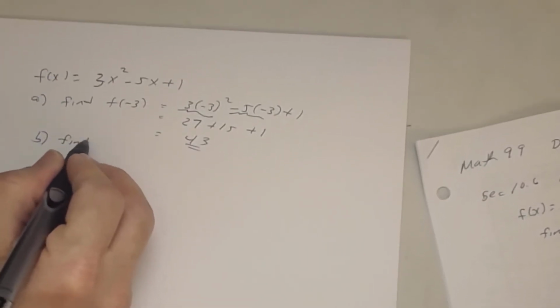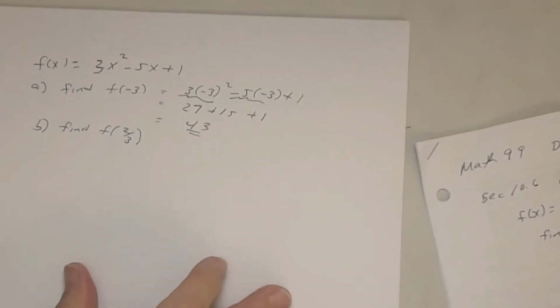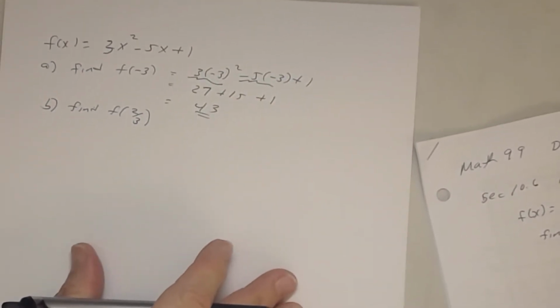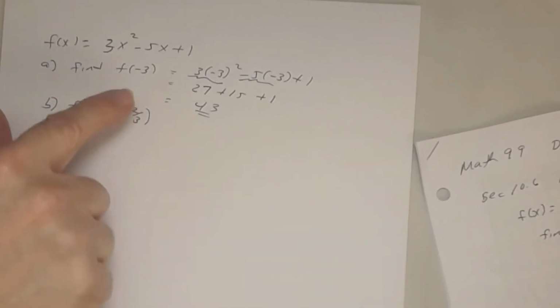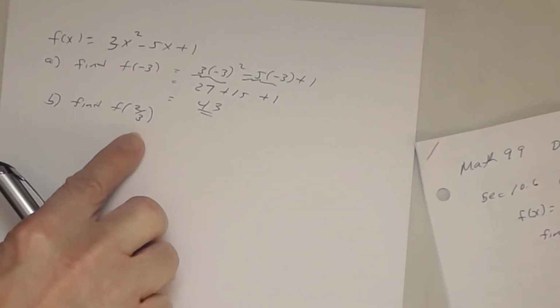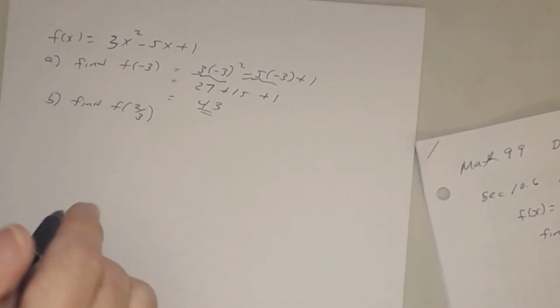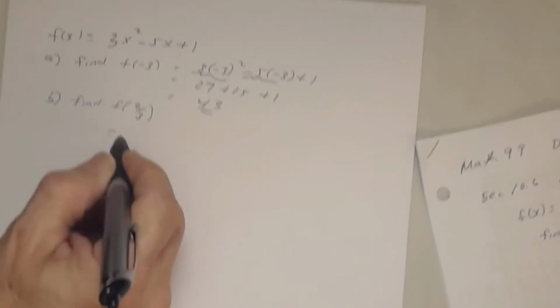All right, B. This time, suppose I want to find f of 2/3. So we see the variable x, and there's one in my math lab with a fraction, so that's why I'm doing this. Everything we've done at this point was an integer. So don't make it difficult. You're doing the same process. Where we see the variable x, you're going to substitute 2/3.